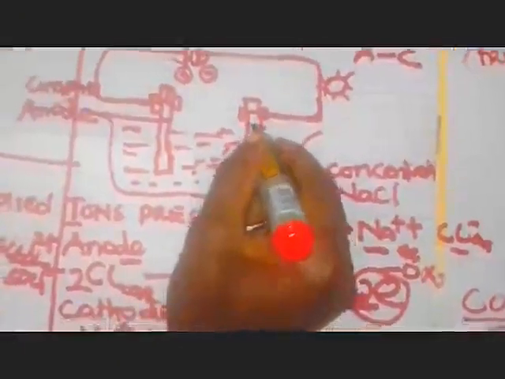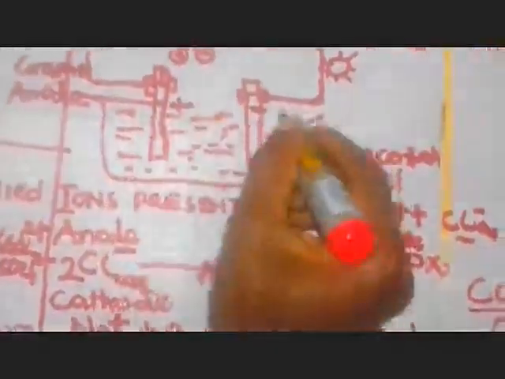Then this side we are having a short bar, which is attached to a negative. So this is a negative and this is a positive. So this one is our cathode. Meaning the flow of electrons will be like that, from the anode towards the cathode.